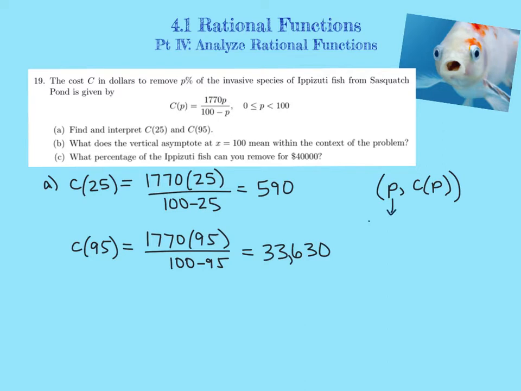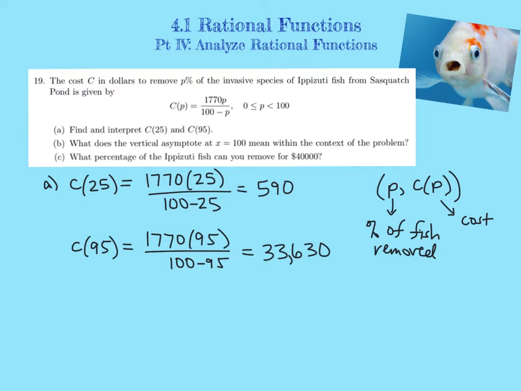So P is the percent of fish removed from the pond. Then C of P, as we're told, is the cost to remove that specific percent of fish. So it only makes sense that as the percent of fish that we're removing increases, the cost will also increase because we have to remove a higher percentage or more fish overall.